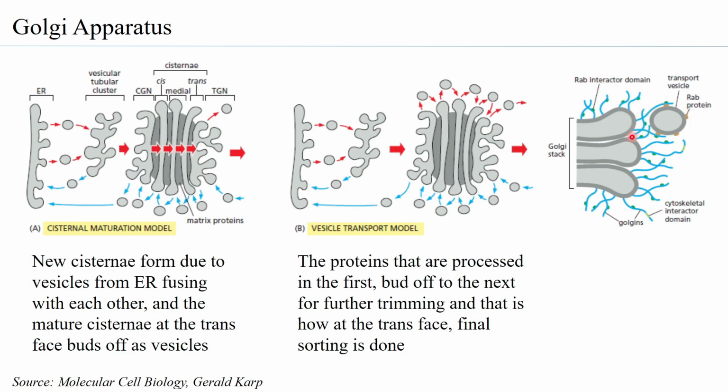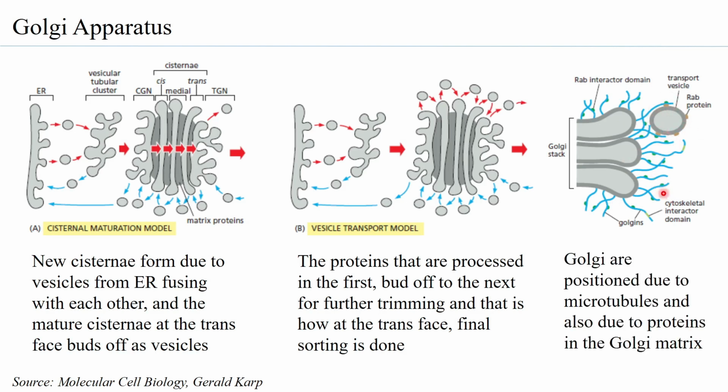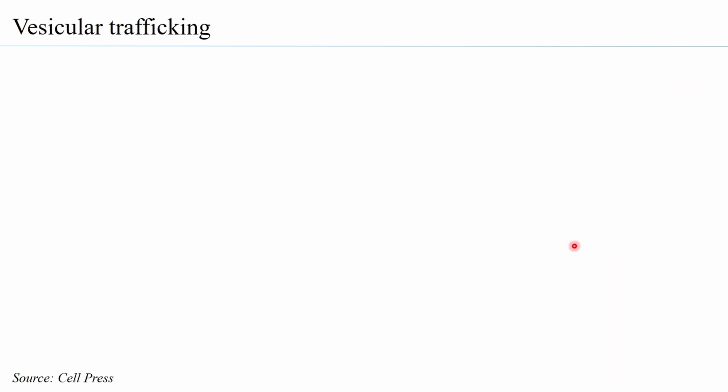Also, what has been understood is that these Golgins assist the vesicles to move from one cisternae to another, as they can bind to proteins present on the surface of the transport vesicle. So Golgi are positioned due to microtubules, but they are also positioned due to the proteins present in the Golgi matrix, such as the Golgins.